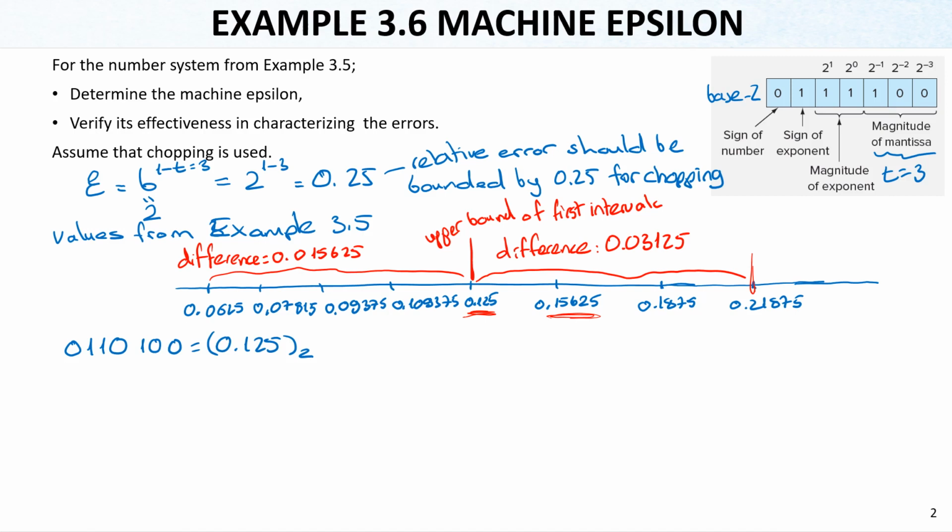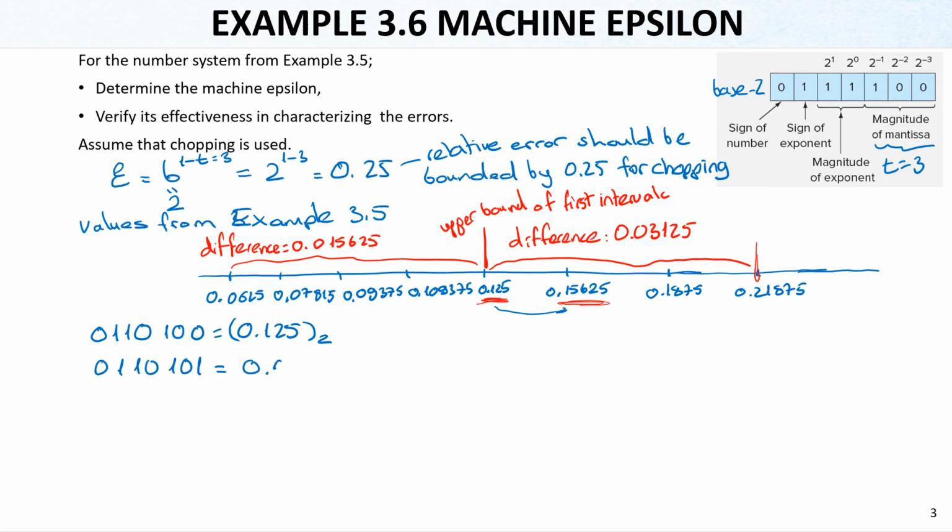And the next one, we want to check the next one. It is 0 again, 1, 1, 0, and the next one was 101, and this gives 0.15625 in the 10 system. This is also base 10. And the difference between these is, as we said earlier, 0.03125.